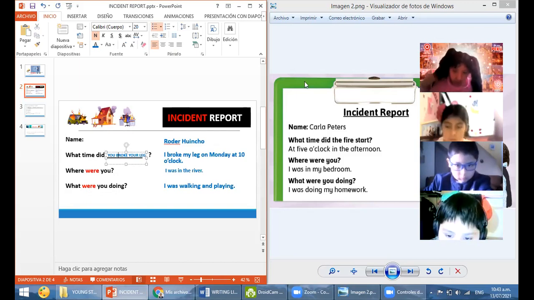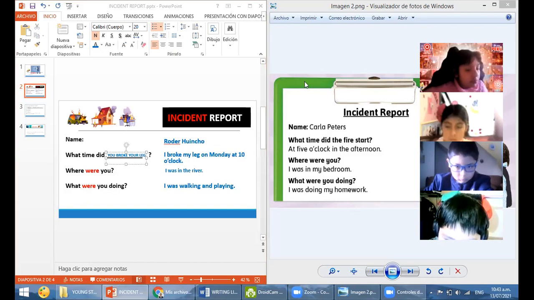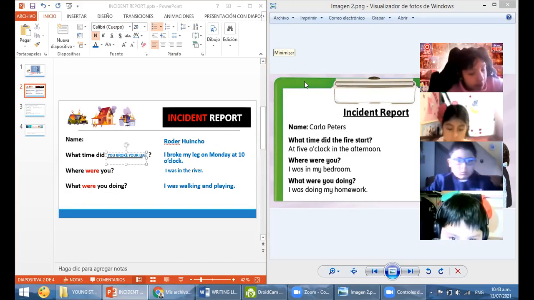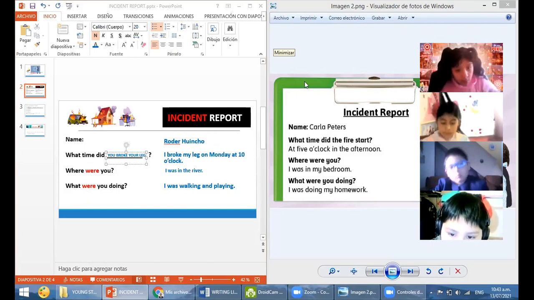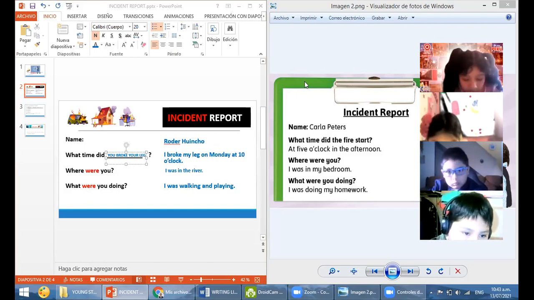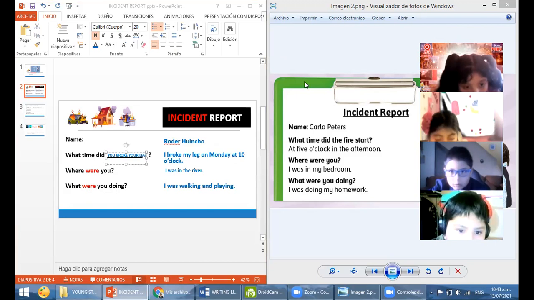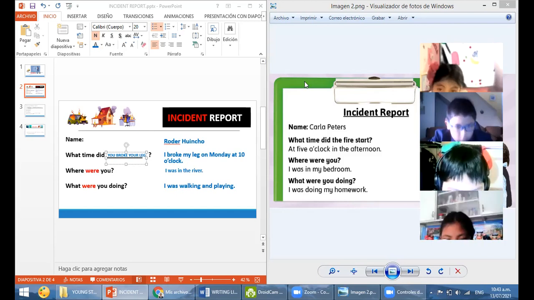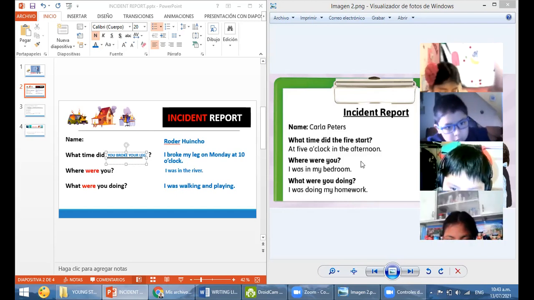¿Debe de ser familiar o debemos de buscar otra cosa? No, the incident, it's not necessary that it happens to your family. The incident maybe happens to you, but in the report, you need to mention where was your family.